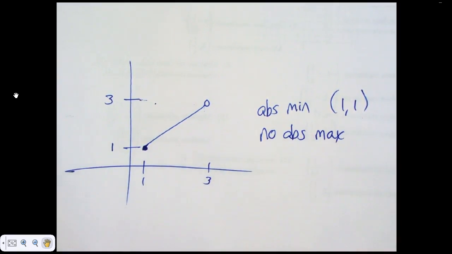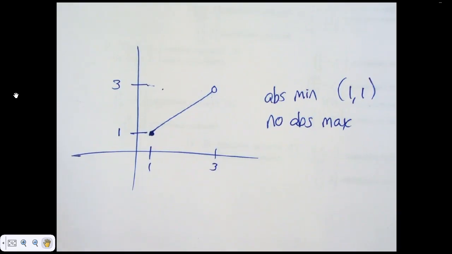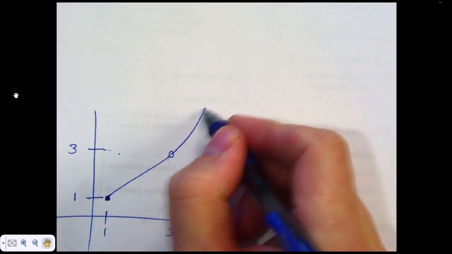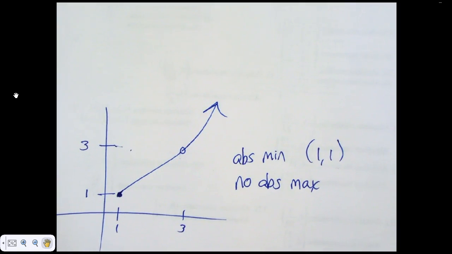There is not a y value that you could look at and say this is the highest y value. The same thing would happen with infinity. So if this graph did that, what's the highest y value? You could say infinity. I could say, okay, what about infinity squared? You could say, okay, infinity cubed. We could just keep going forever, and there's not a number where I can say it stops.